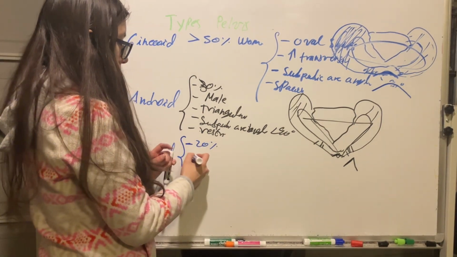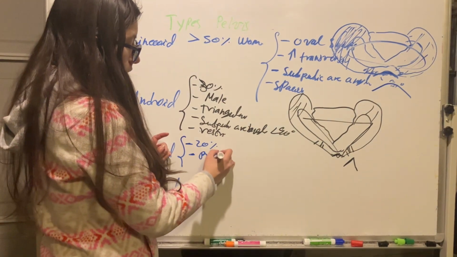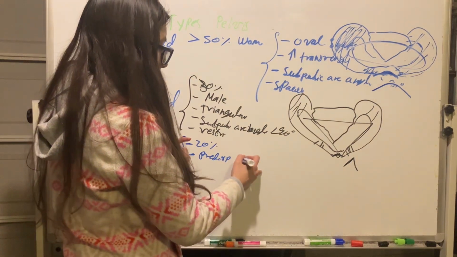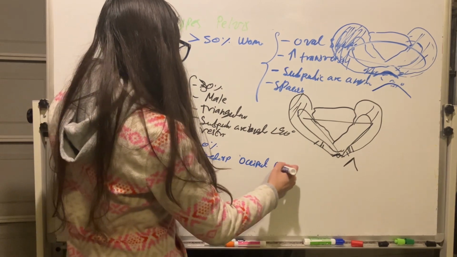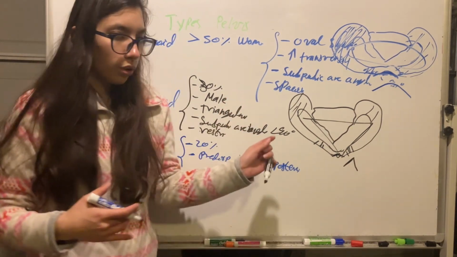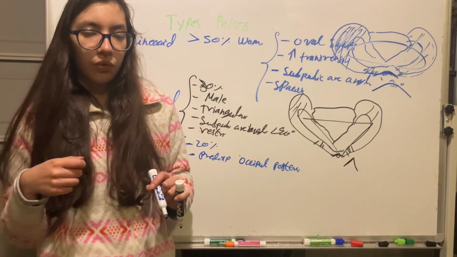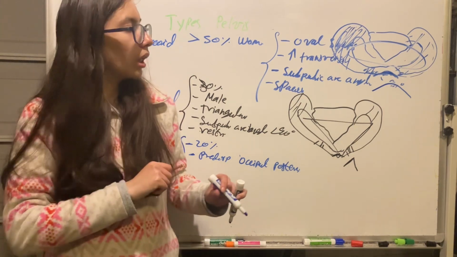The importance of this type of pelvis is that it predisposes to having the fetus in an occiput posterior orientation. So I'm going to talk more about this in the next video, when we talk about the orientation of the fetal head when it's passing through the birth canal.